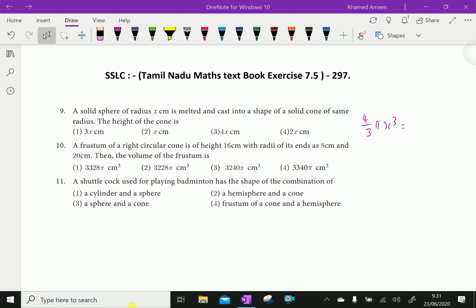With the same radius, the cone is 1 by 3 pi x squared h. Cut pi, 3 cut, so the remaining x squared and x cube, therefore 4x equals h. Therefore h equals 4x. So option 3.